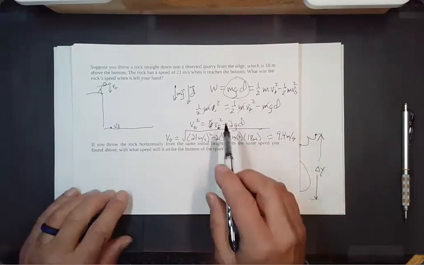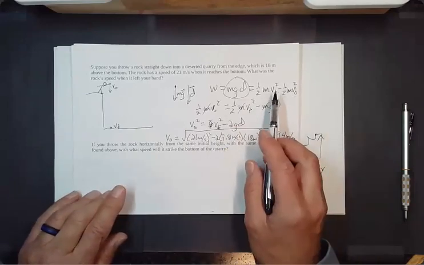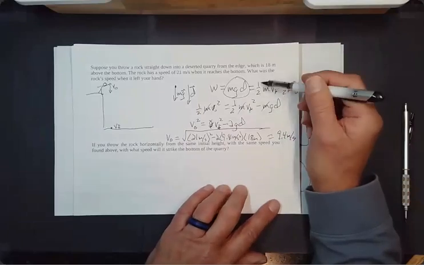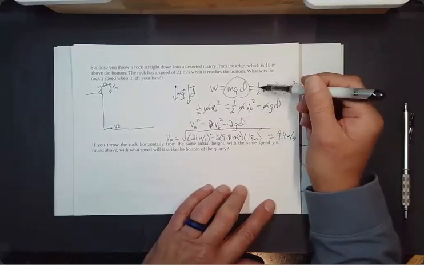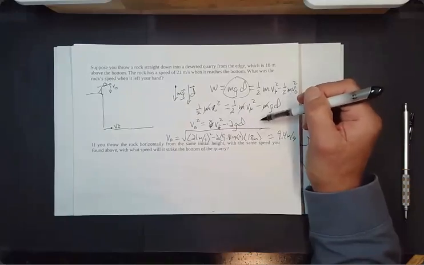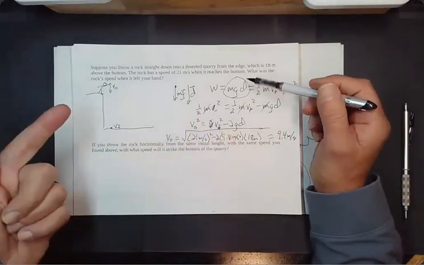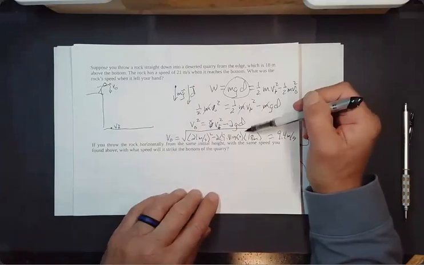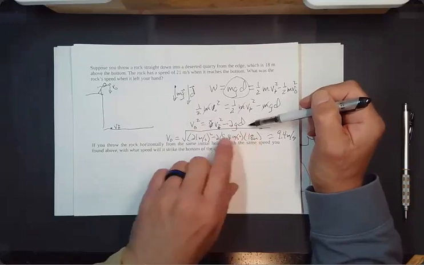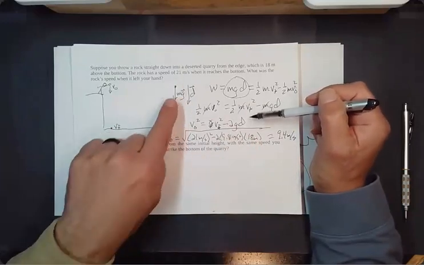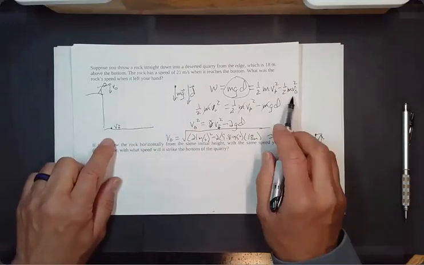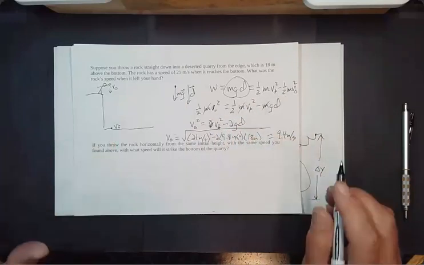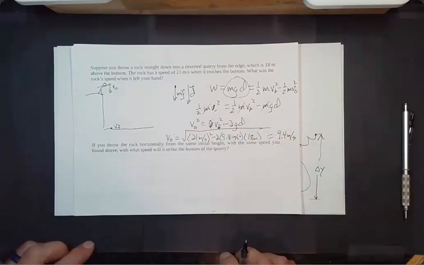This is a little bit weird, but if you think about it, it's going to gain the same amount of vertical speed on the way down that it gained in the first problem. Now, it won't have the same vertical speed when it reaches the bottom that it had here, but it's going to have a horizontal speed that doesn't change all the way through, and you'll end up with the same thing.